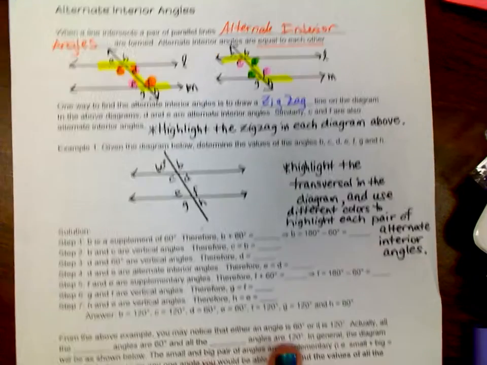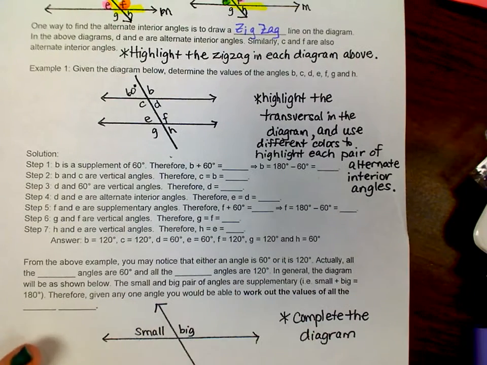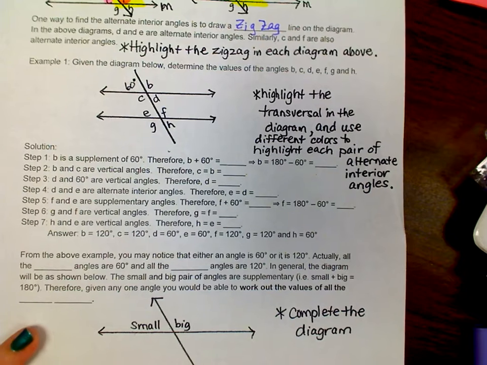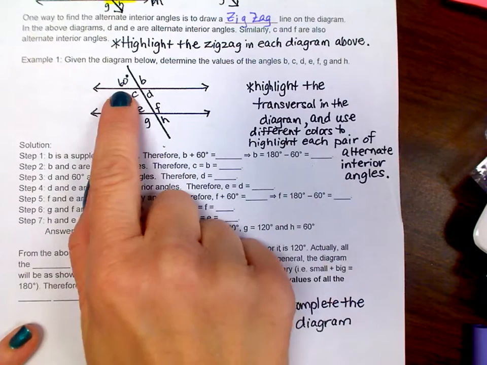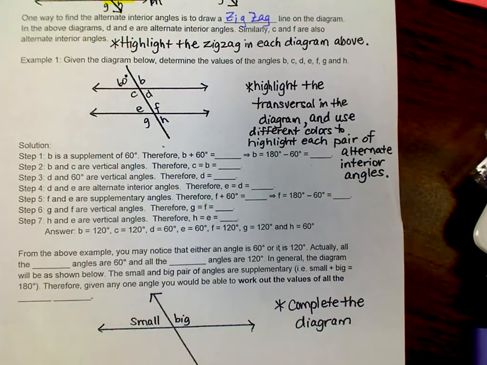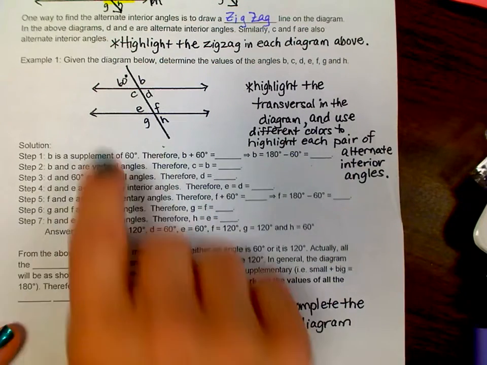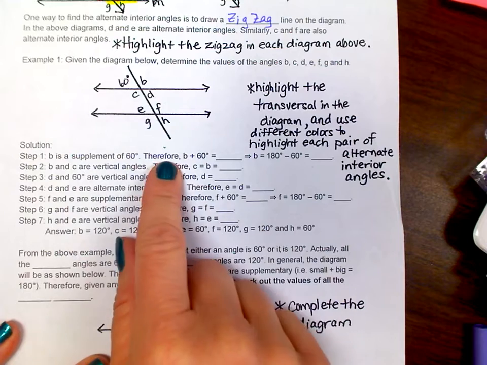So let's look at example 1. Given the diagram below, determine the values of angles B, C, D, E, F, G, and H. Okay, they've given us one right here, and that's what we're going to use to solve the rest of these.